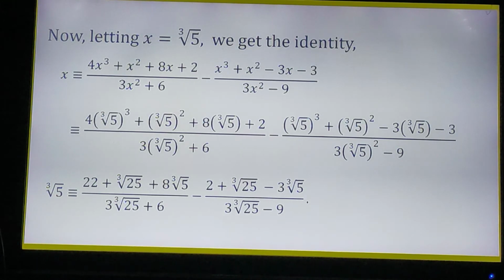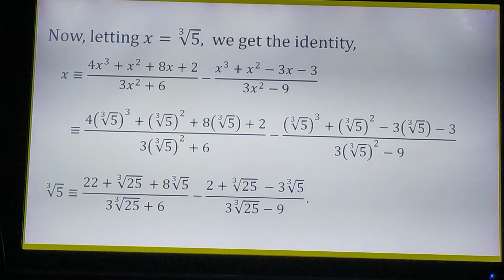So we now have a simplification problem involving cube root, where the right hand side expression, when simplified, is equal to the left hand side, which is actually the cube root of 5.